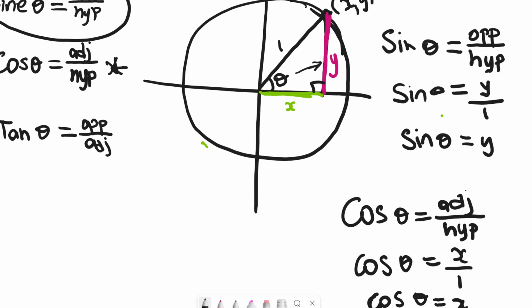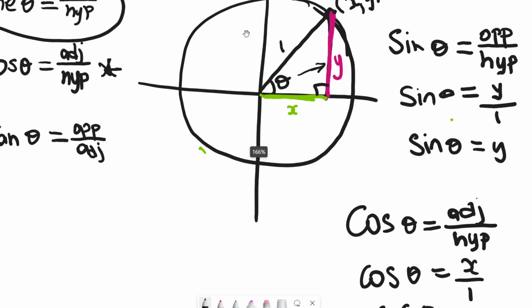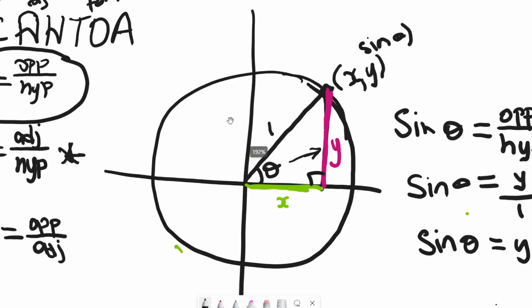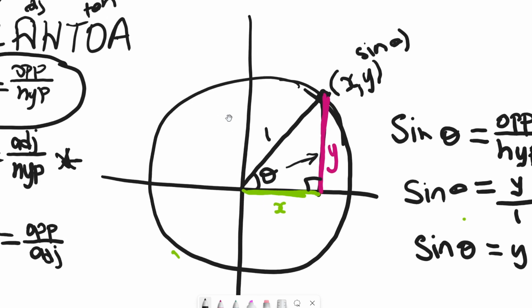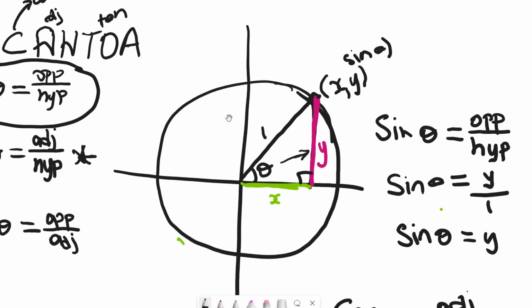Okay? So if I were to go back up here and look at my unit circle, just like I replaced y with sine, I can replace x with cosine of theta. So as we are building the unit circle, I know in the previous video we looked at how we can derive the unit circle.